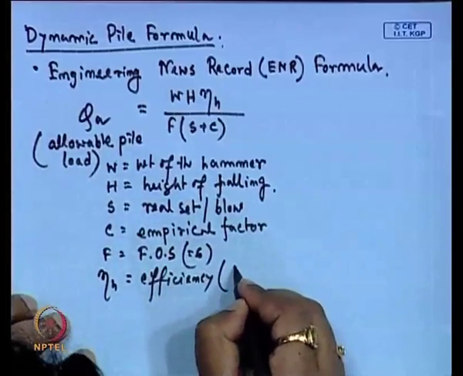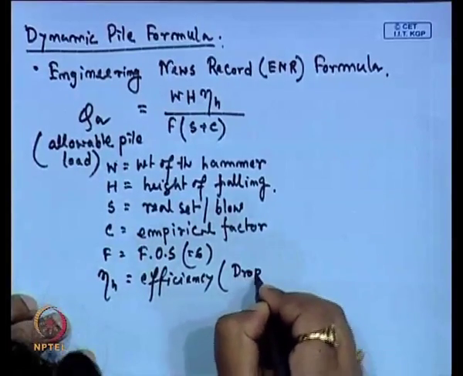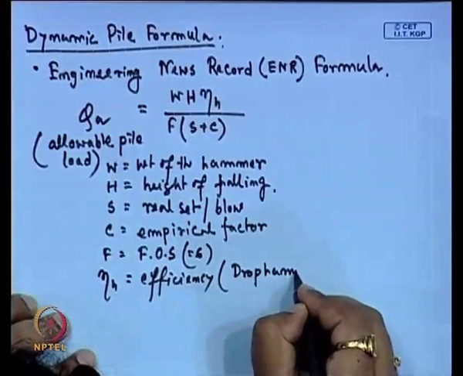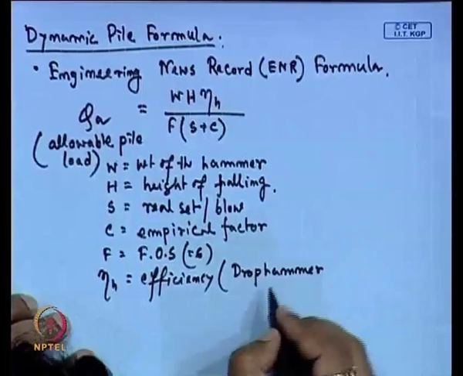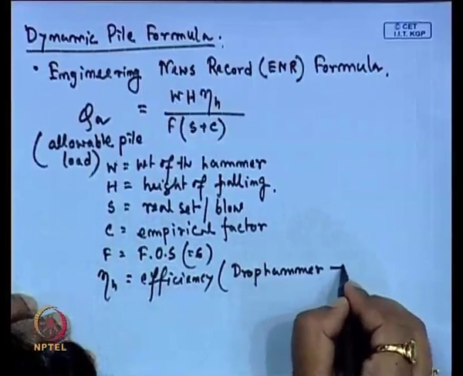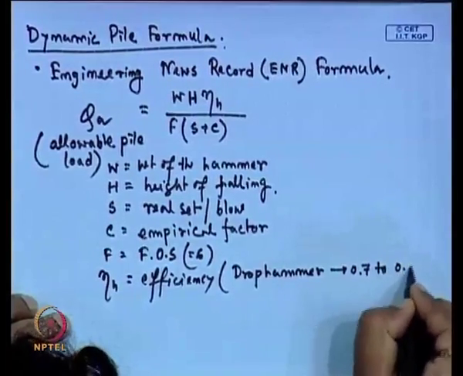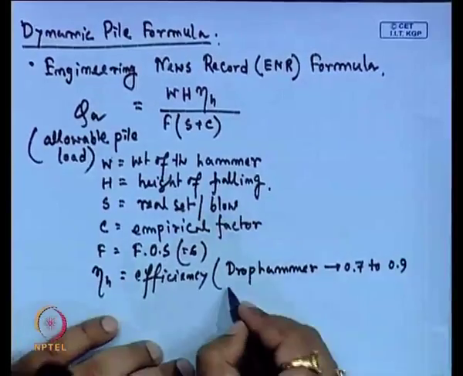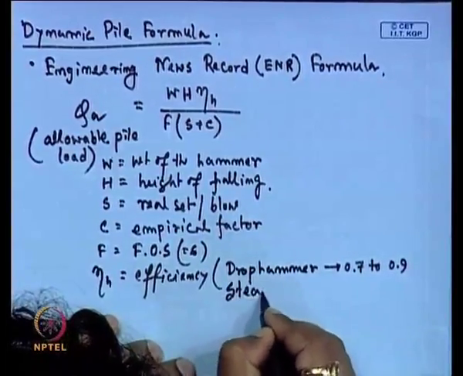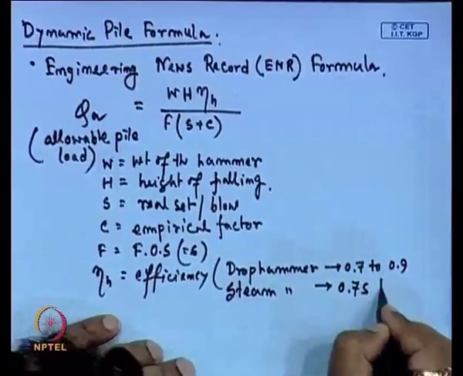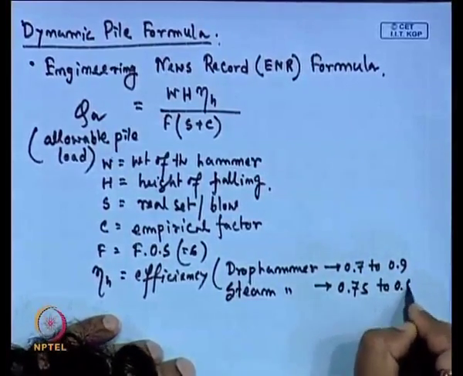Now, for the drop hammer, this value is 0.7 to 0.9. For steam hammer, this value is 0.75 to 0.85.